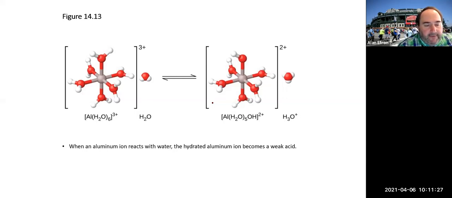This is just a prettier picture of what I drew the other day of aluminum, which is a metal that can also be an acidic salt. Here, these are the water molecules attached, and one of them gets popped off over to this guy, and again produces that H3O plus. So remember, that's another way that you get an acidic salt: through a small, highly positively charged metal. A lot of times a transition metal can do that.